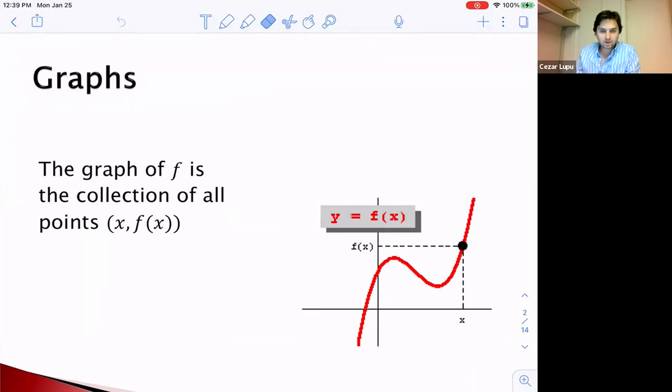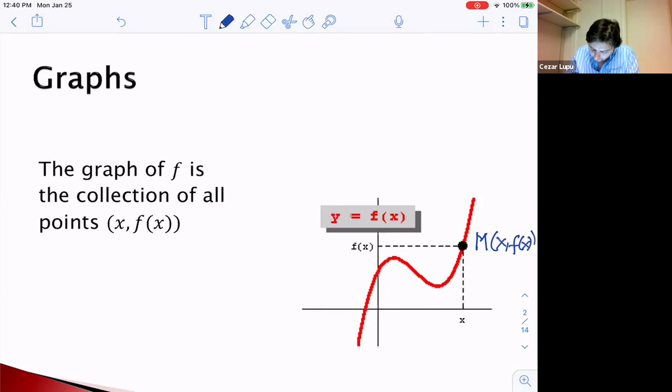And you will see here in the picture, we have something like this. So this is the graph that you see here, this squiggle here in red. And here, this dot in black, you see a point. Let me call this point M, of coordinates x, f of x.